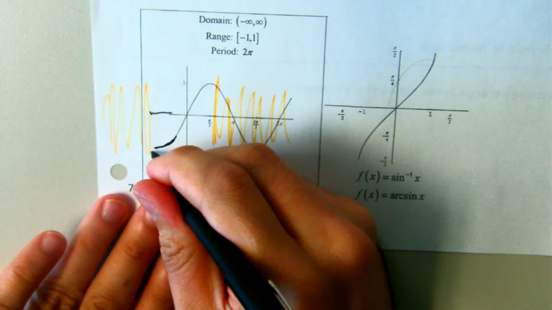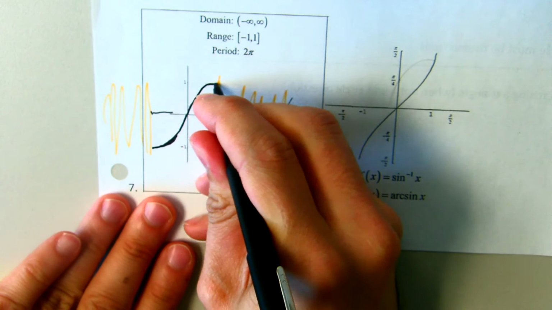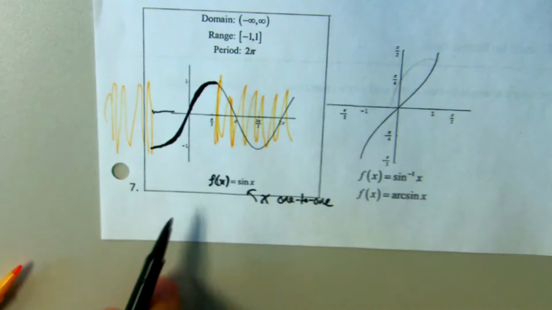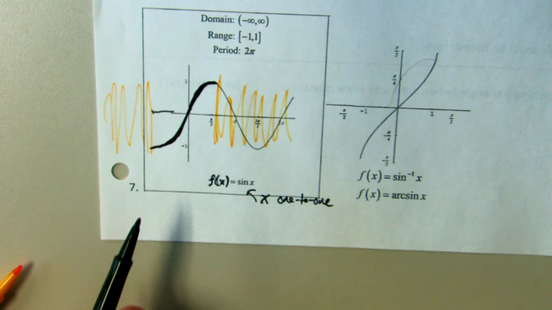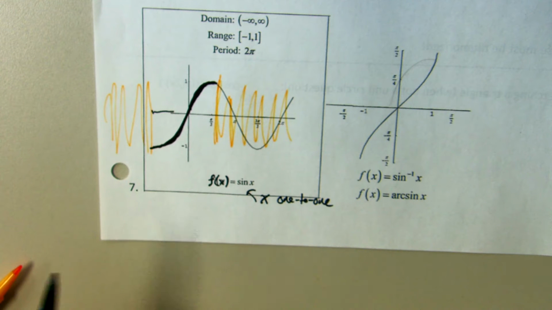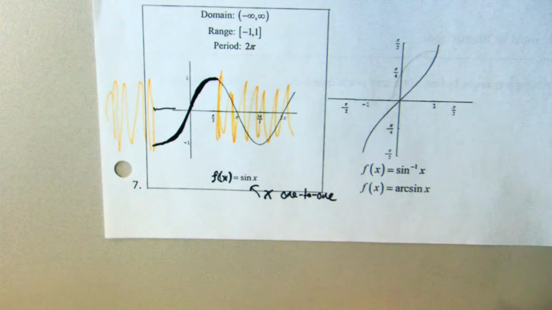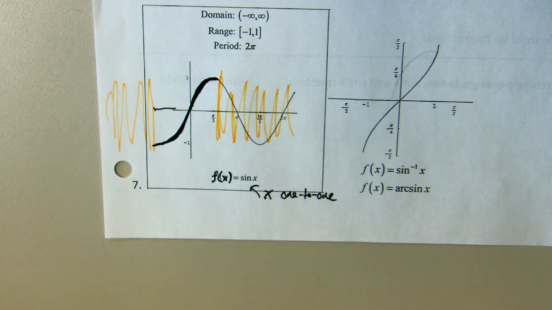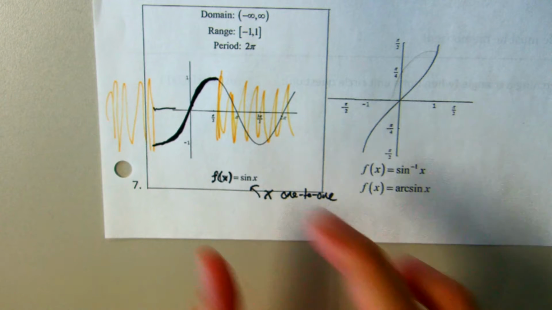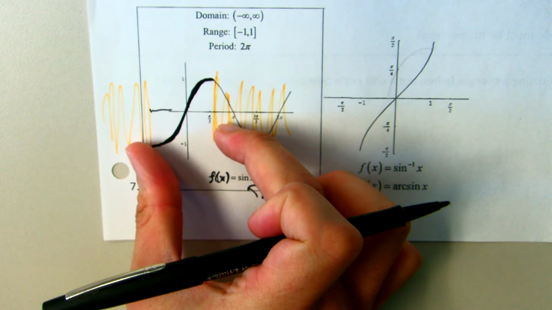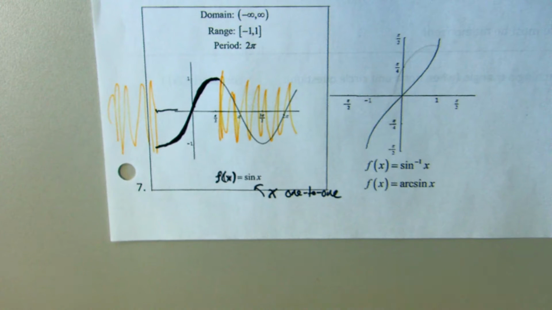I'm just going to look at this section of the sine graph. So if I ignore part of the graph, mathematically I'm restricting the domain. If I'm only looking at this piece, is that piece one-to-one? So that's the piece that we choose to use for inverse sine, so that inverse sine is a function.